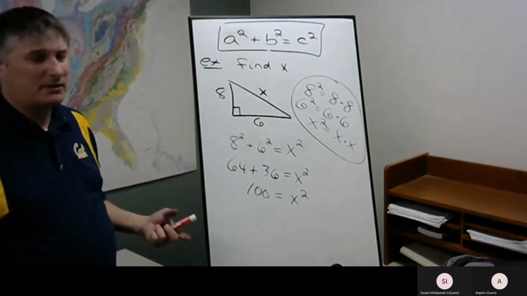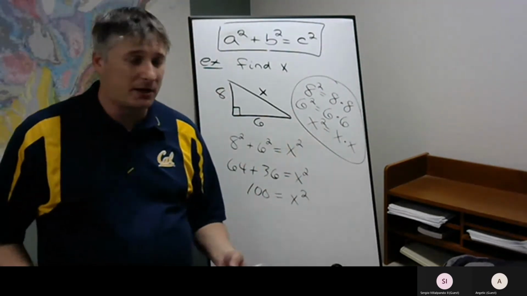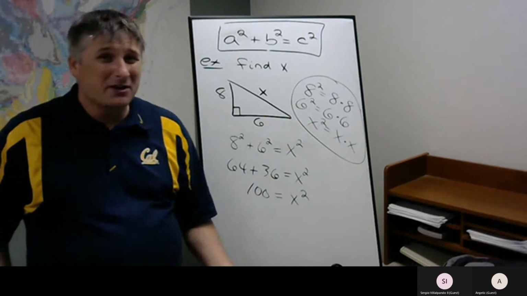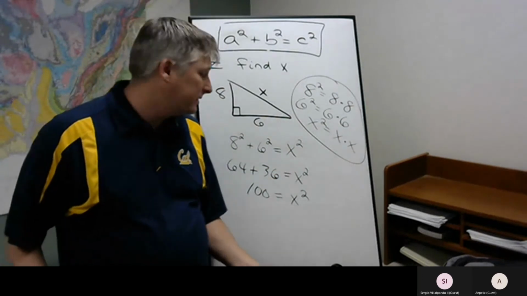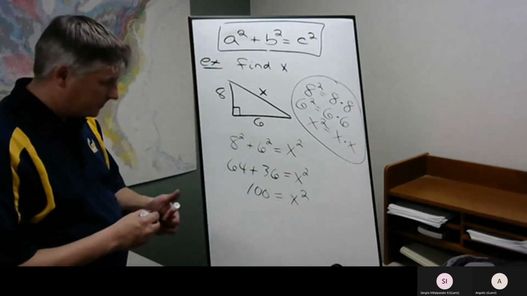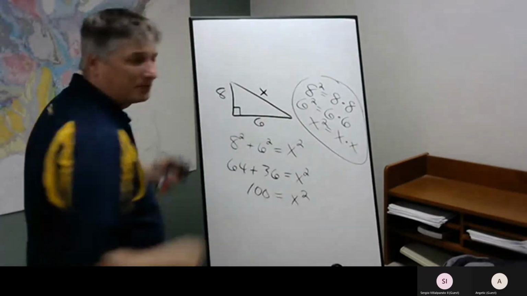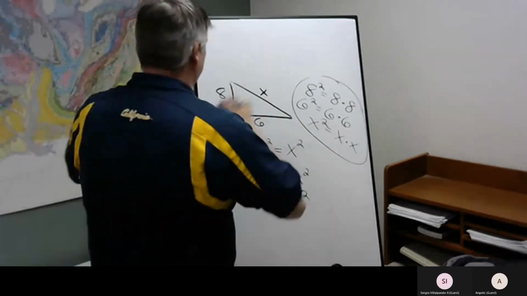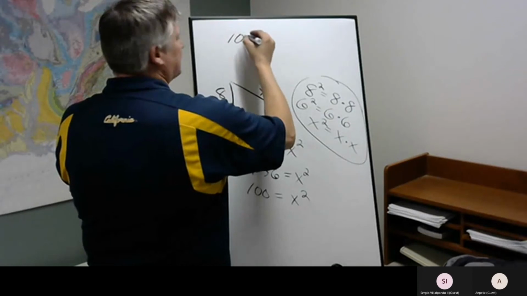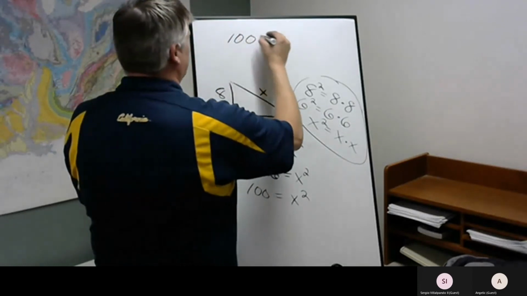If it's been a while since you've done exponents, this is something to keep in mind. Now to get rid of a square, you have to use something called a square root. The way we handle this in the algebra, we're going to take the positive square root.